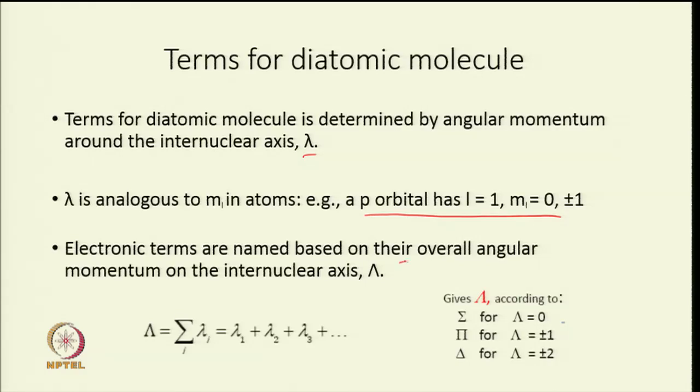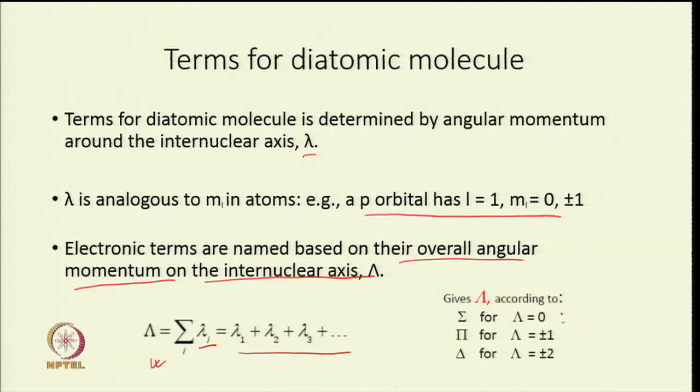Electronic terms are named based on their overall angular momentum on the internuclear axis. So, what we need to do first is to get the overall angular momentum. Lambda is equal to the sum over i of lambda i, which is simply lambda 1 plus lambda 2 plus lambda 3.